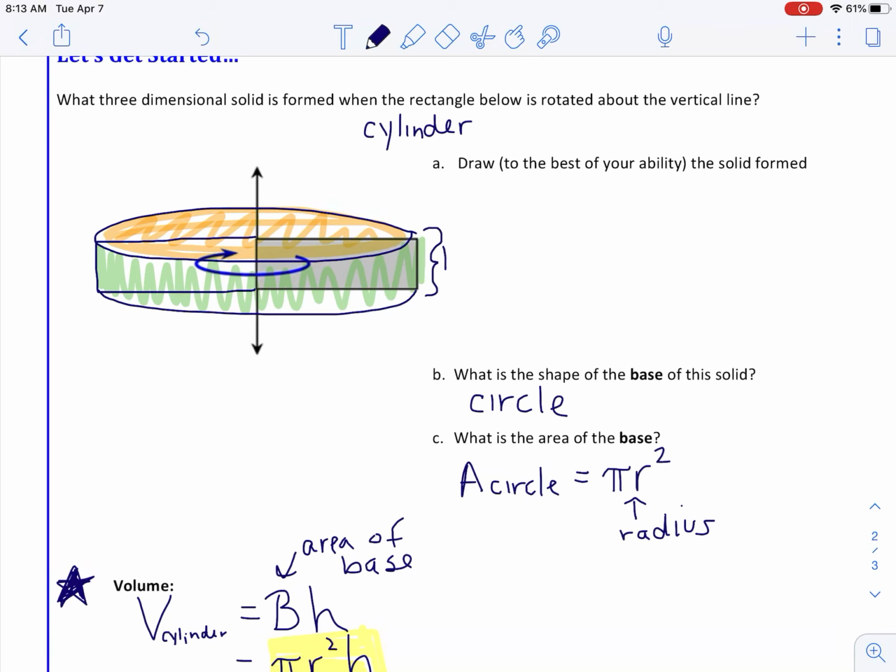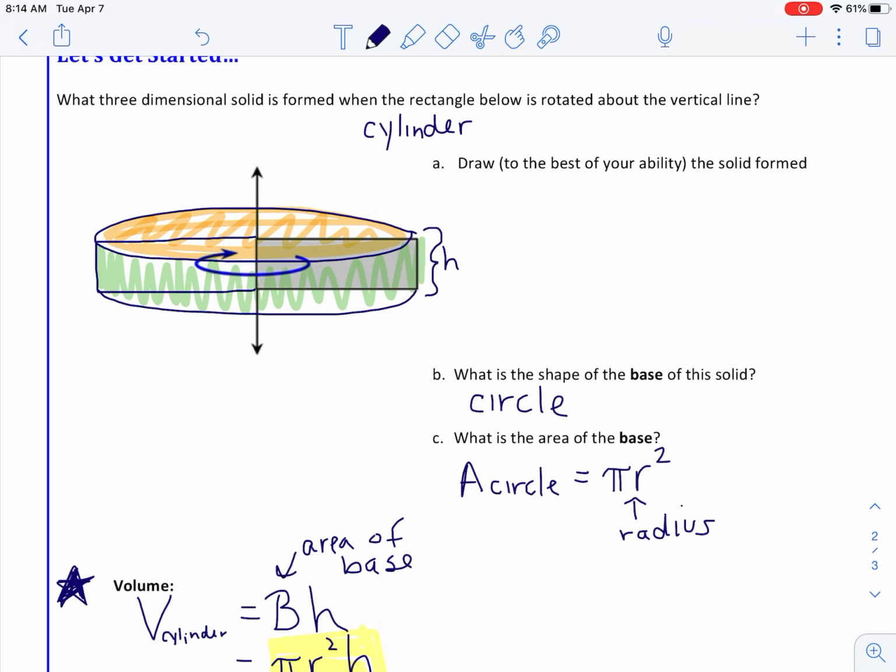Now, the rectangle has a height of h, but what's the length of that rectangle? Take a second to think about it. If I unwrapped this cylinder, and maybe later I will post a video of me unwrapping a cylinder, because everybody's been talking about toilet paper these days, if you cut a toilet paper roll and spread it out, it would look like a rectangle, right?